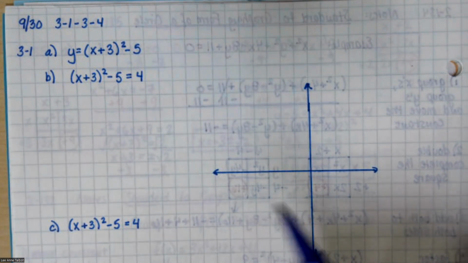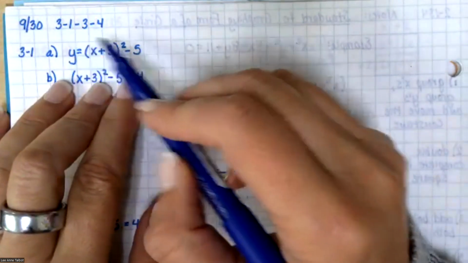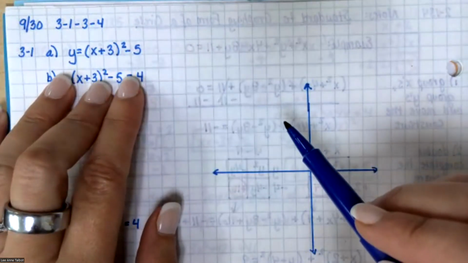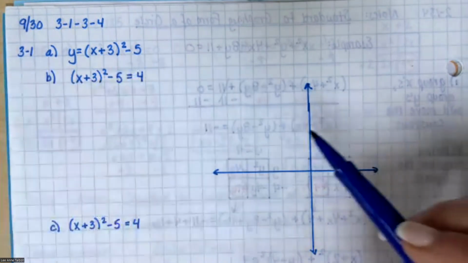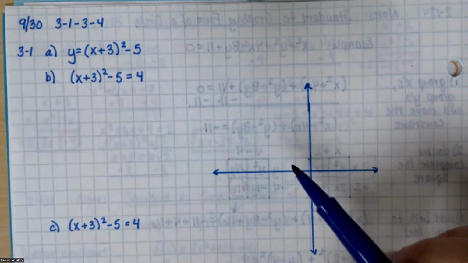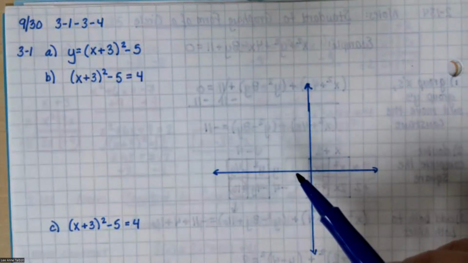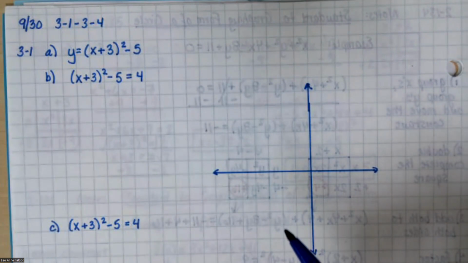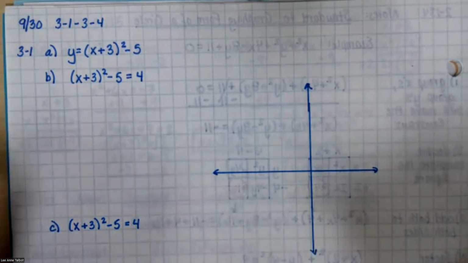So the question I'm asking here is, how many solutions does this equation have? And when I say solutions to this equation, I want you to think, how many dots are on this parabola? How many coordinates does it have? Infinite, yeah.